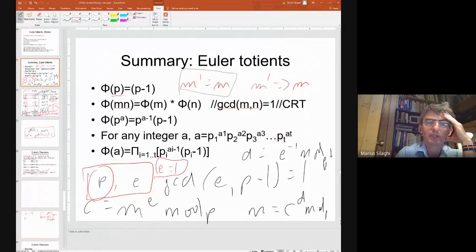For a prime p, the Euler totient is p minus 1. For a prime p at power a, it's p at power a minus 1 times p minus 1. And for any other product of numbers, it's going to be the product of the corresponding decomposition. So if you have a number of this type, p_i at some exponent, the Euler totient of it will be the product of p_i at exponent minus 1 times p_i minus 1.